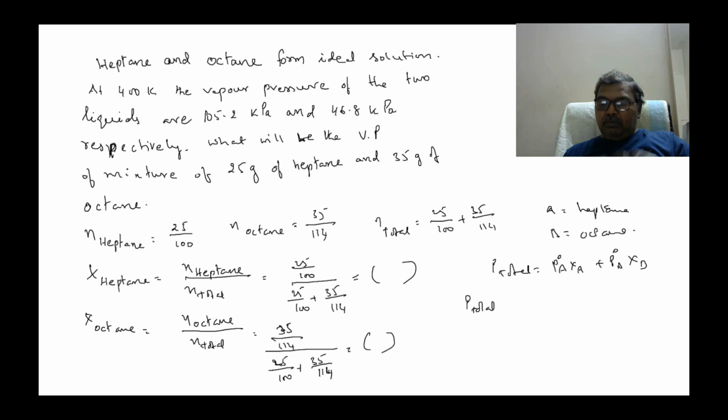So P total is equal to P naught A, 105.2, into mole fraction of A. Say this is J, this is H. So substitute here the J value, plus 46.8 into the H value. You will get the answer.